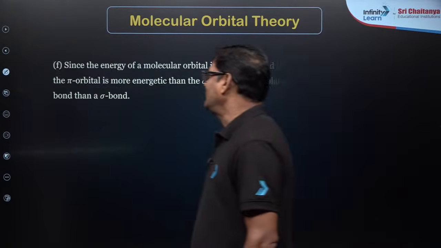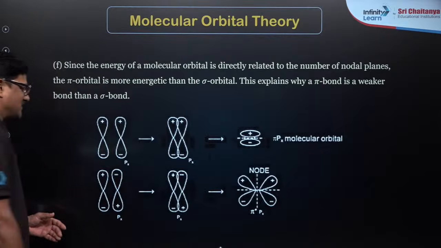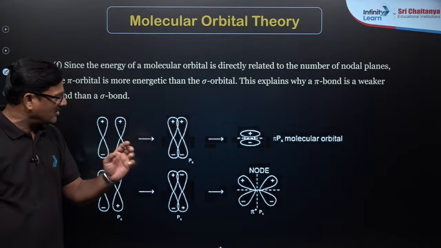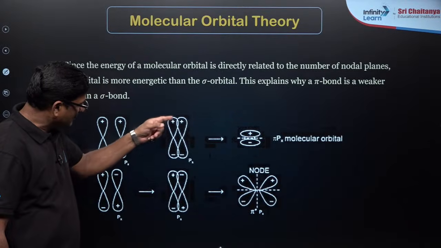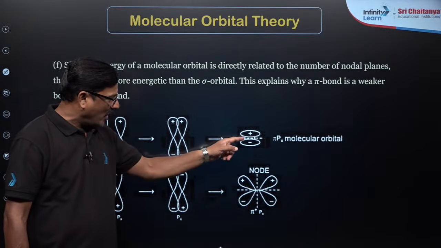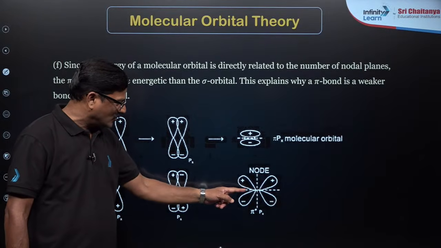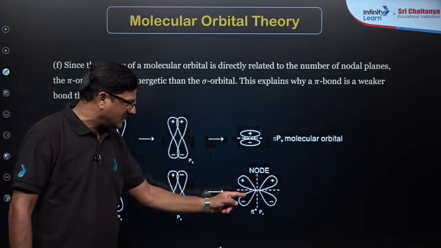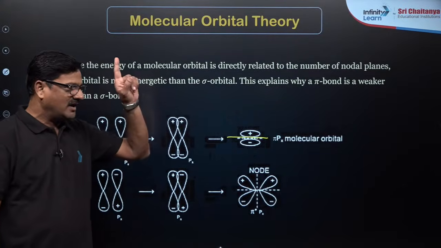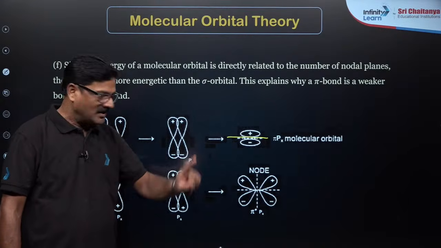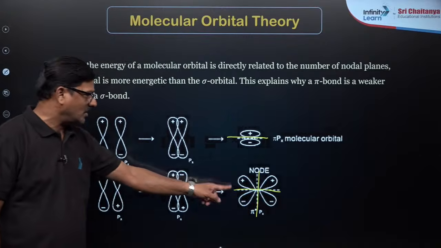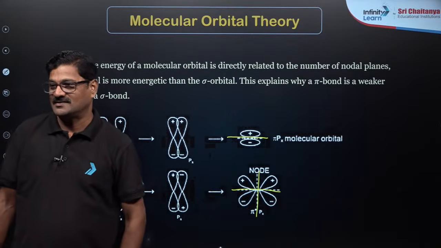And you see here, the lateral orbitals: when p orbital and p orbital combine, it is going to give us pi 2px, while pi star 2px is going to be distributed like this. Pi 2px has one nodal plane and pi star 2px is going to have two nodal planes.